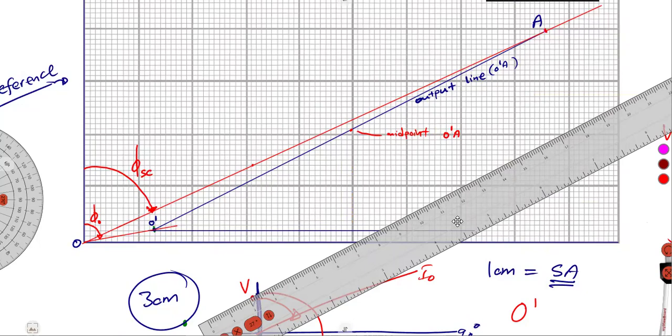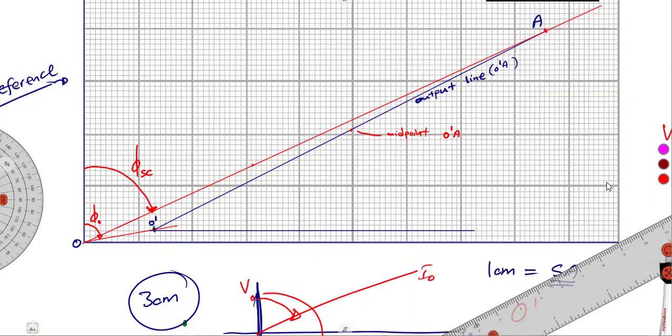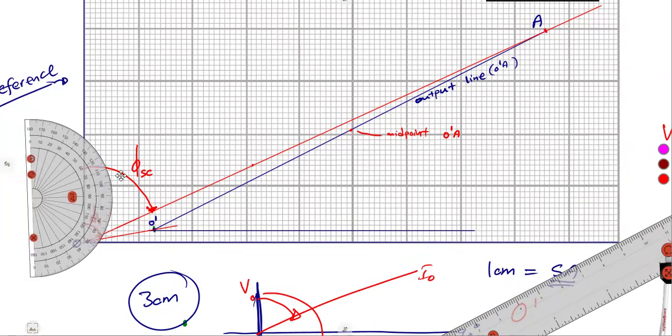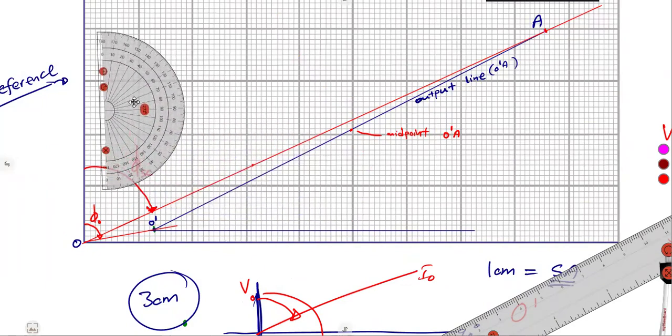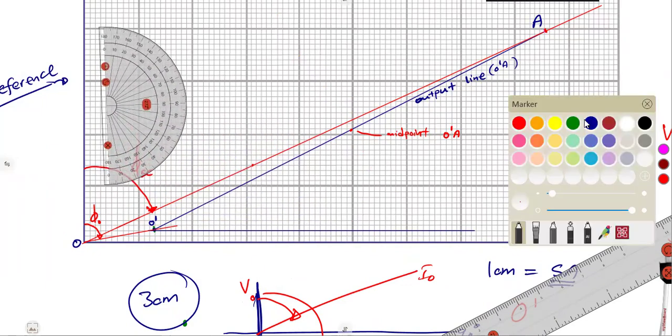With that midpoint, you must construct 90 degrees along that to this line. So how do we construct 90 degrees? We measure it. So we are going to take our protractor like this. What you do is that you must have, this is now like your reference line.